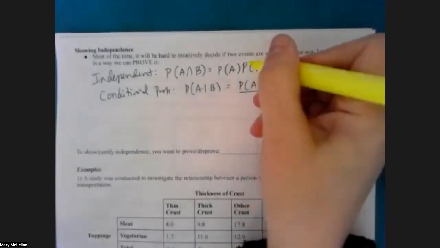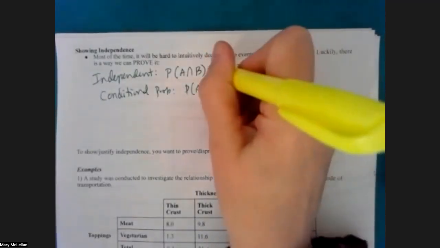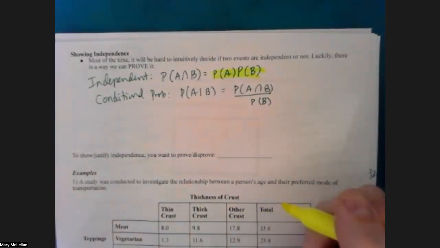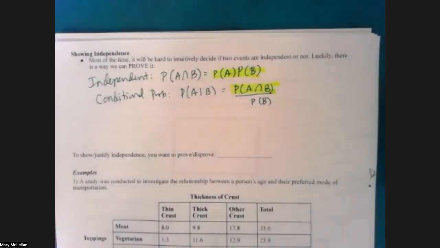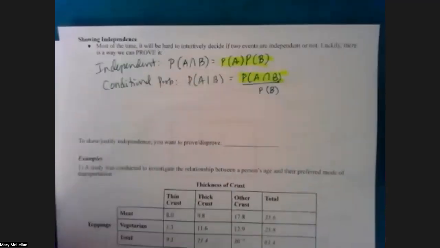What we're going to do is use substitution, and we are going to substitute the probability of A times B into my conditional probability formula.